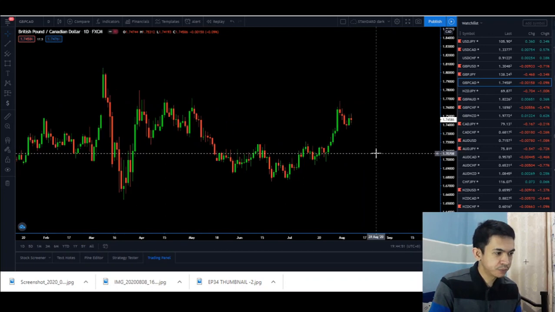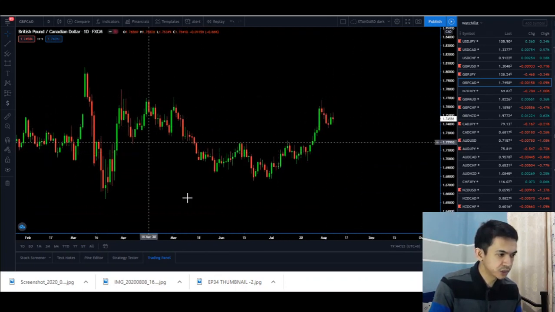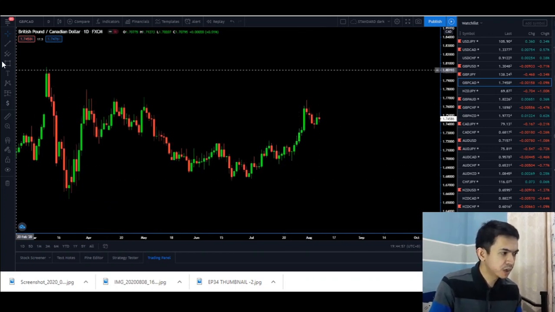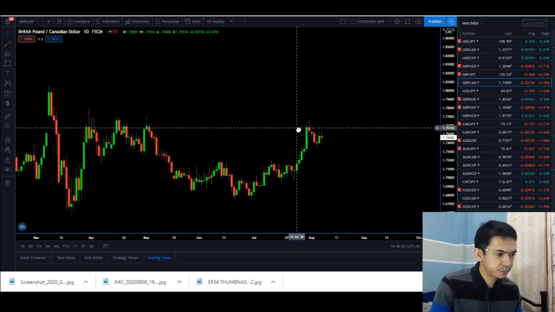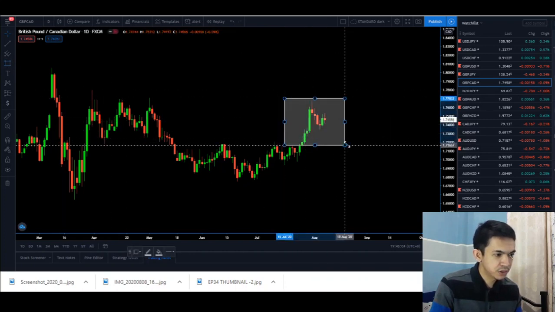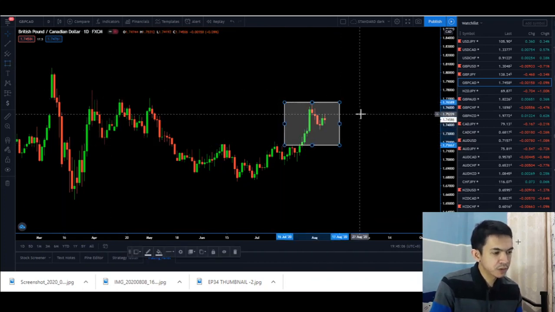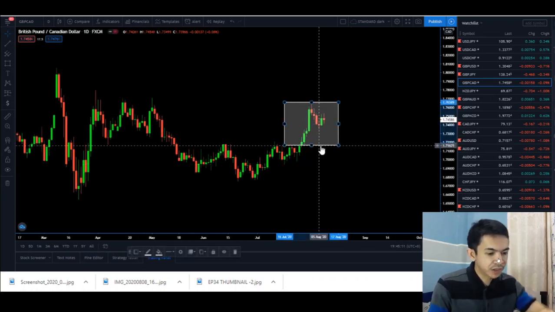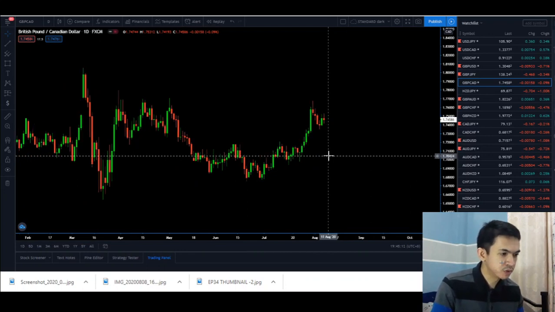Okay, so right now we see the structure is like this. If I'm going to scalp this market, I'll be focusing on this current market structure. But before that, first things first, I will mark my key significant levels or zones. What do we have here?